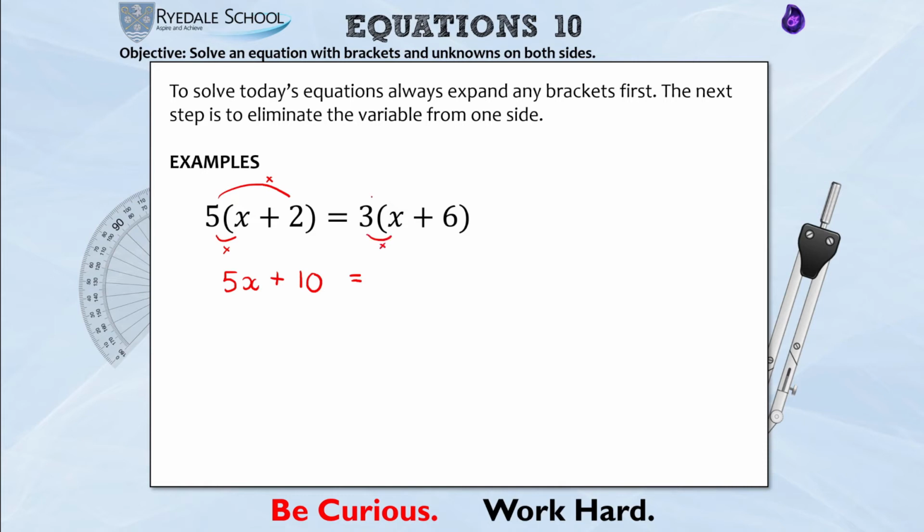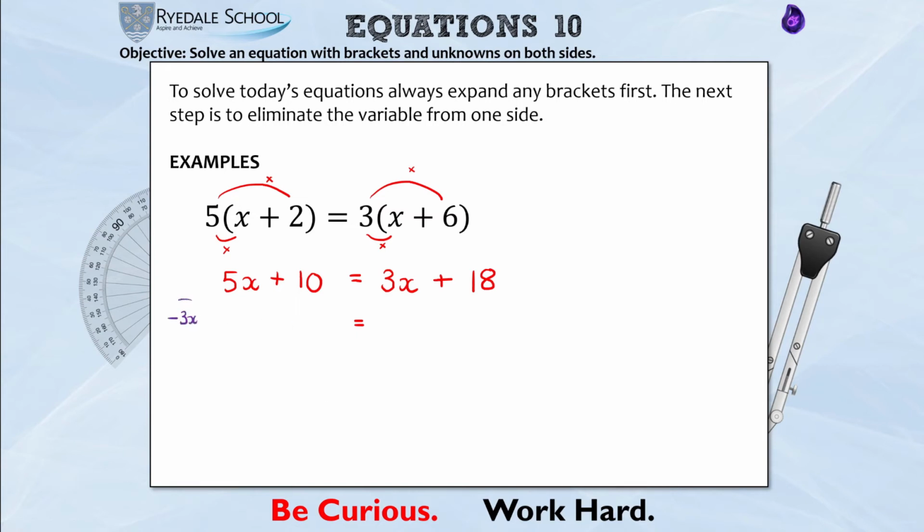Similarly, the second bracket, 3 times x, 3x, 3 times 6, plus 18. Now, I hope you look at this equation and think, I know what to do now. I've got 5x's on one side, I've got 3x's on the other side. I need to subtract the smaller number of x's.